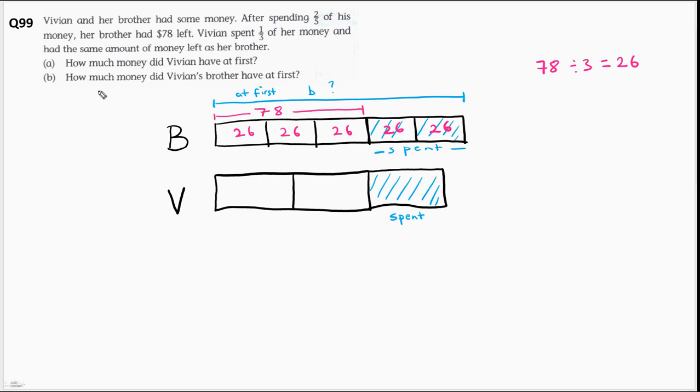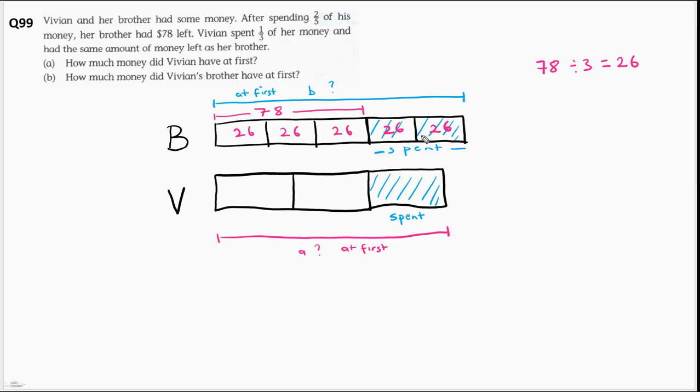All right. One of the questions is, how much money did Vivian have at first? So that's going to be all of this, isn't it? So how much money did Vivian have at first? That's question A, because this is at first.